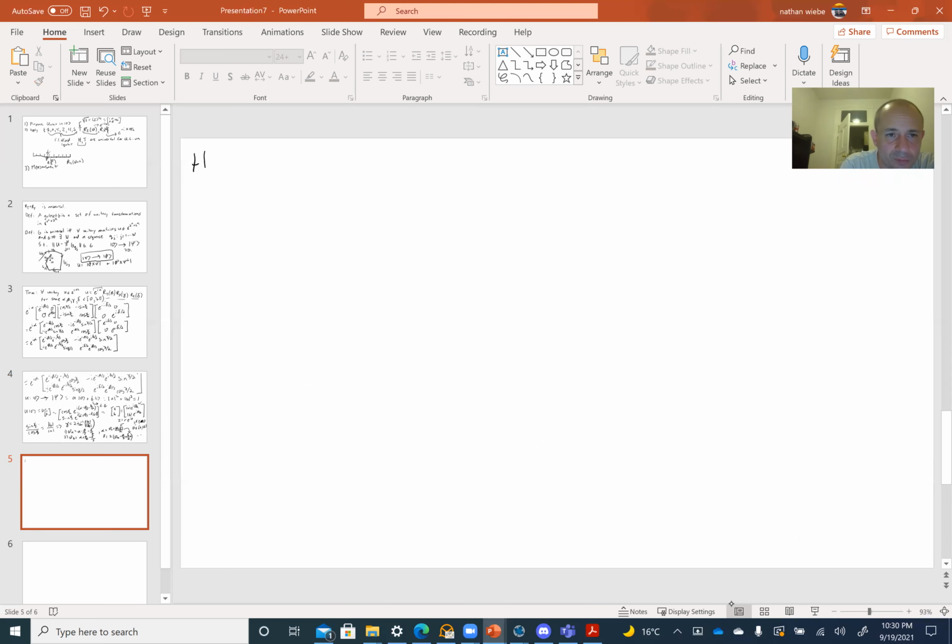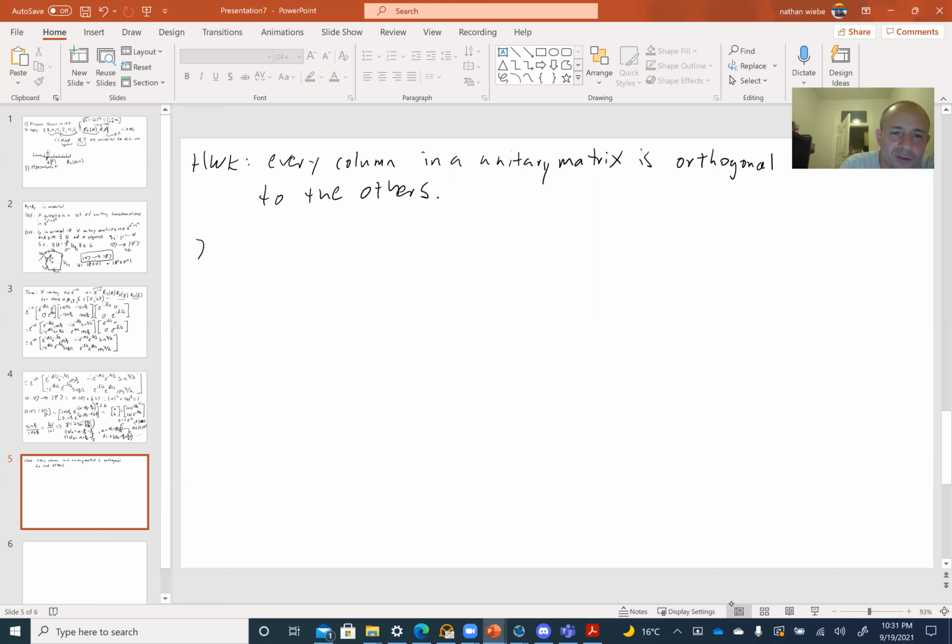From the homework problems, we showed, or you will show, that every column in a unitary matrix is orthogonal to the others.